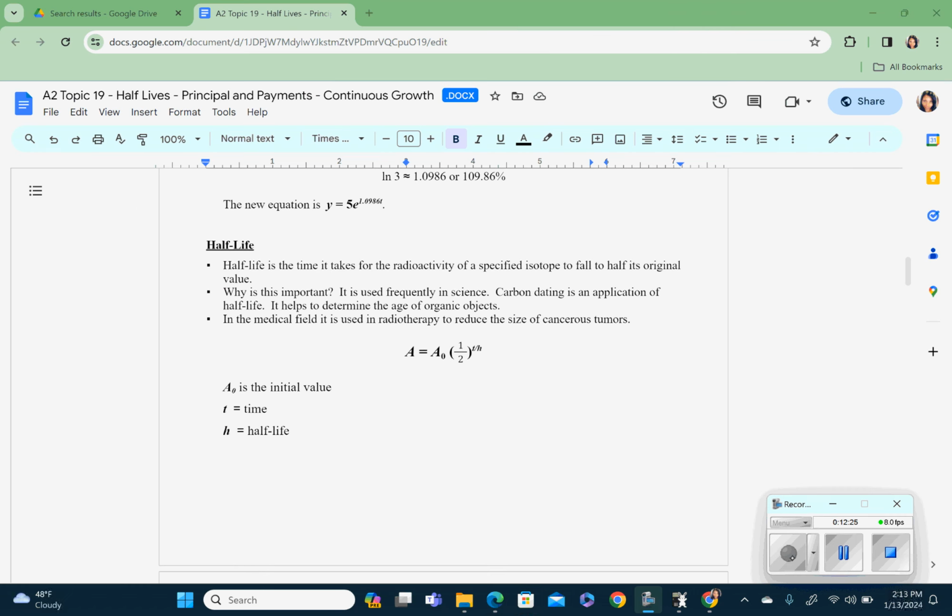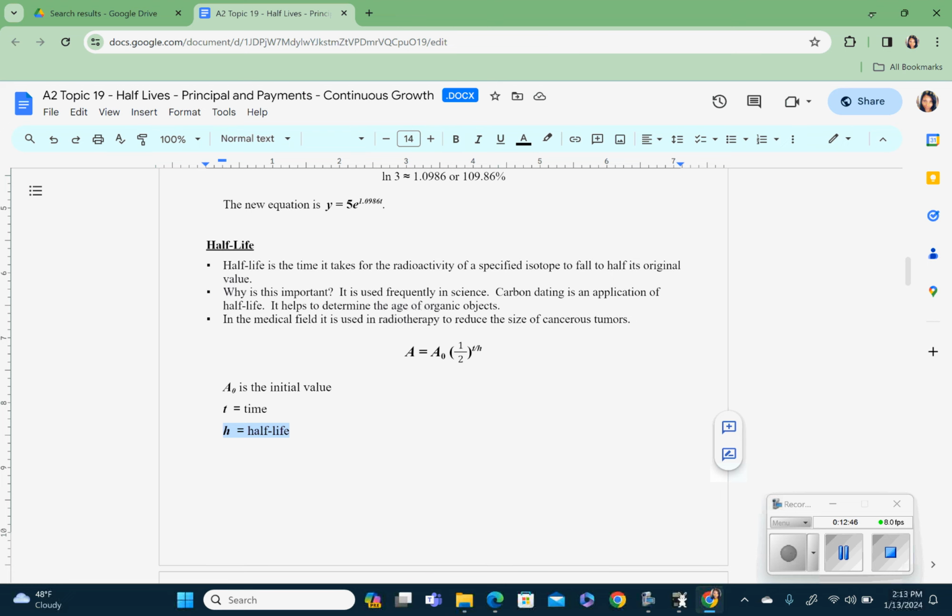So I don't know if you remember our lesson that we did on continuous growth, but this is our formula. So a0 is our initial value, t is time, and h is our half-life. Okay, so all of that to say, it's always going to be a half in our parentheses.